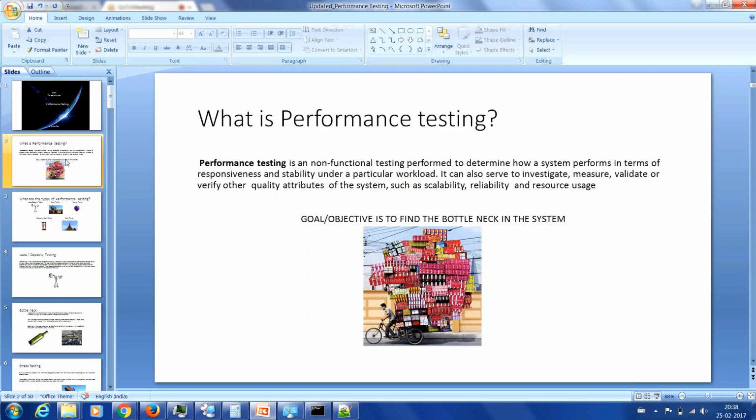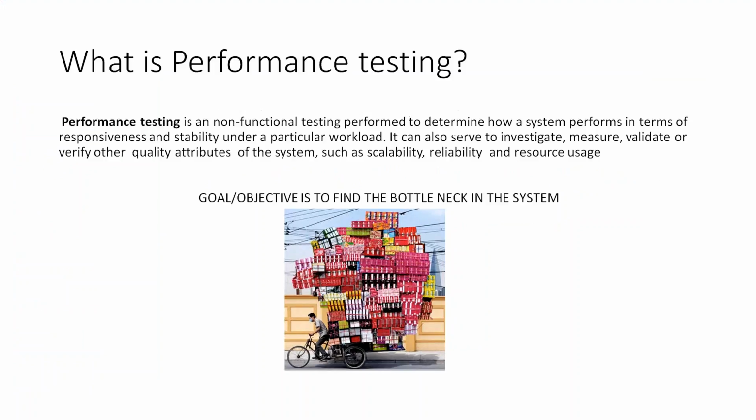All we are bothered about is how the performance of the application is, how the system is behaving, how the application is behaving with respect to response time or stability, or application throughput, all of these things.